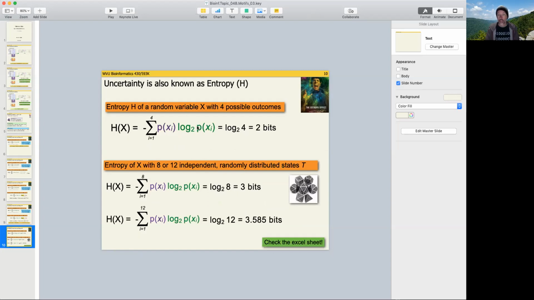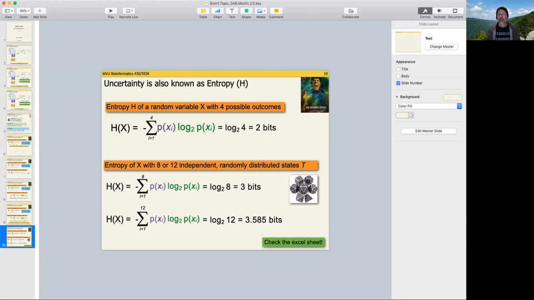Every outcome is equally probable. So log base 2 of 4 is 2 bits. If you roll an 8-sided die, the maximum uncertainty is always 3 bits. A 12-sided die, it's 3.585 bits, et cetera. This is uncertainty. This is entropy, and we're going to use this concept to discuss multiple sequence alignments and motif discovery in the next set of slides.